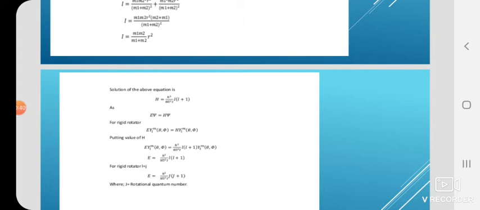Whenever we talk about rotational energy levels, what does it mean? In a simple way, radiations can cause changes in rotational energy levels within a molecule. A molecule has a number of positive nuclei and negative electrons.